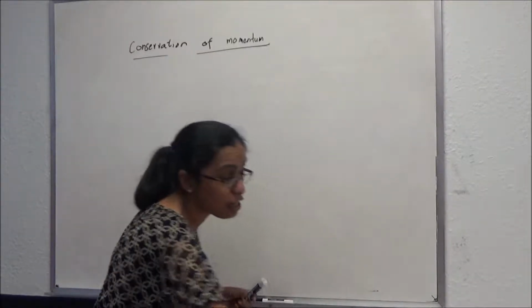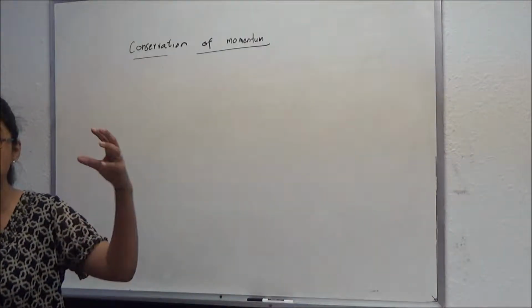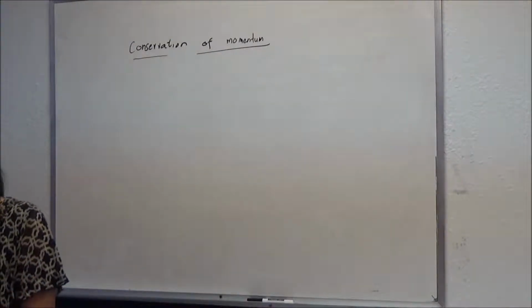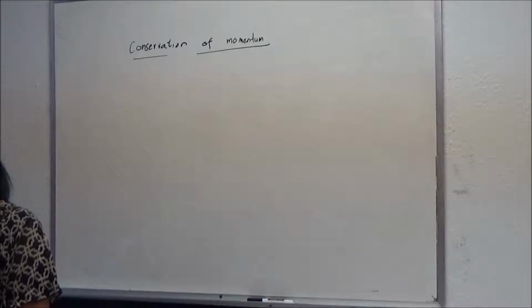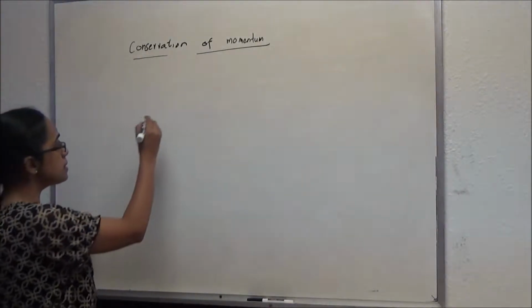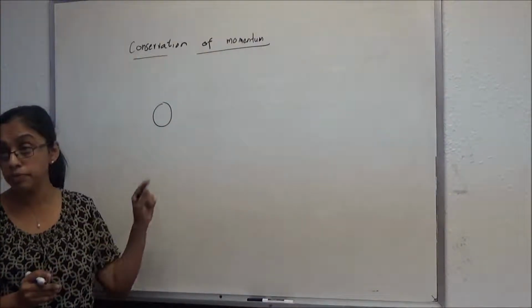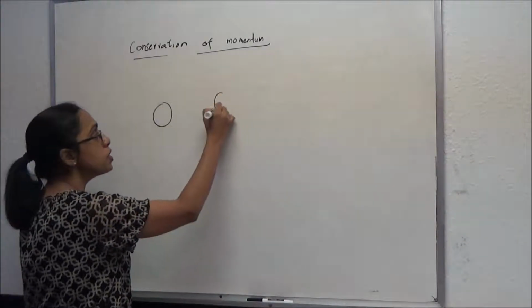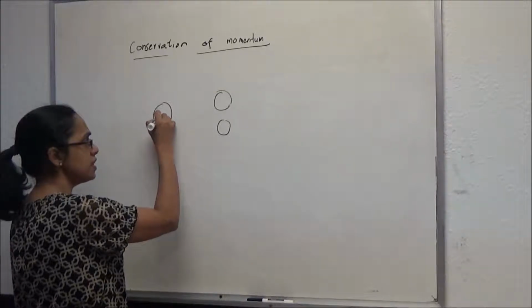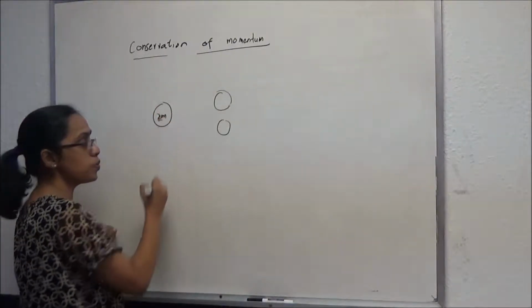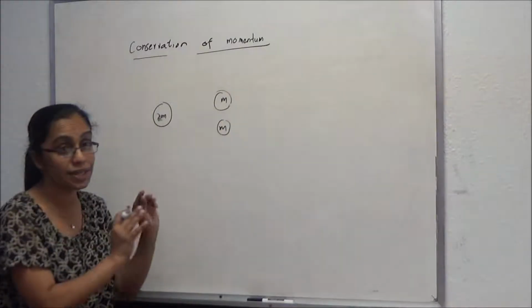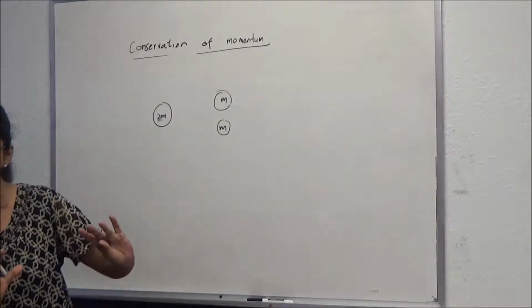I told you that if there's an explosion and the particle breaks into two, then that is considered as a collision, and that too can change the momentum. Okay, so let's consider that there was a bomb like this. Assume that this was a bomb and it exploded into two different particles. Let's assume that this was 2m and this is m and this is m. Let's assume that it broke into exact two halves.